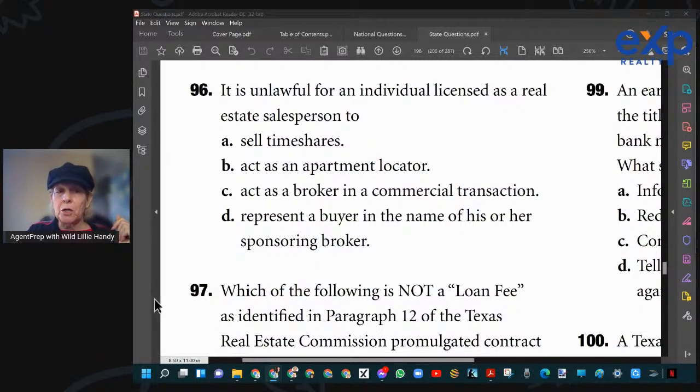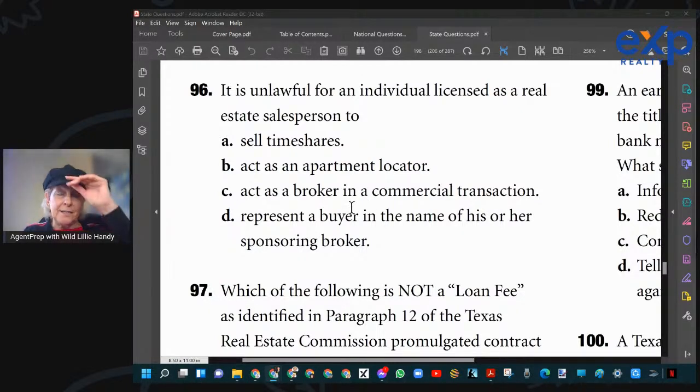Are we a broker? When we're a salesperson, can we act as a broker? No. So it's unlawful for us, or when you get started, you're going to be a licensed real estate salesperson. You cannot act as a broker in any transaction because you're not a broker.